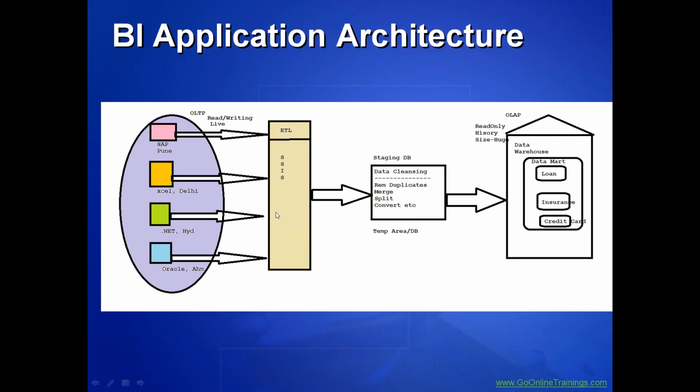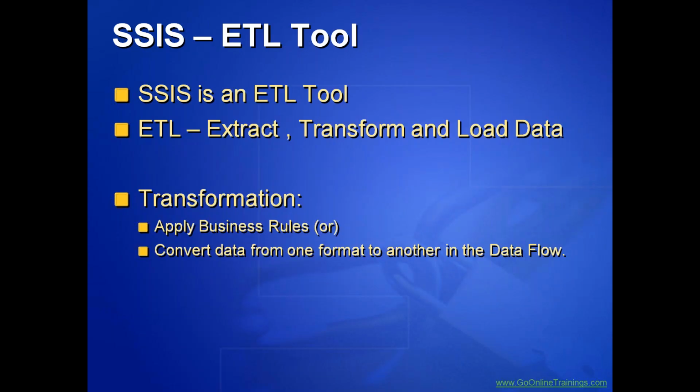That is 90% of the cases. 10% you may do some kind of transformation as well, but that is not the proper understanding of staging. Staging is a replica of source only. You get the entire data as it is, and then you start cleaning in the staging. You don't clean while retrieving the data from the source systems. So that's my point.